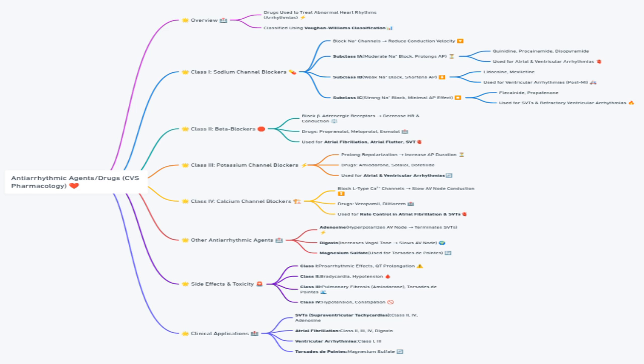So amiodarone is a substrate for liver cytochrome CYP3A4, and its levels are increased by drugs that inhibit this enzyme, for example the histamine H2 blocker cimetidine, and drugs that induce CYP3A4, for example rifampin, decrease amiodarone concentrations when co-administered.